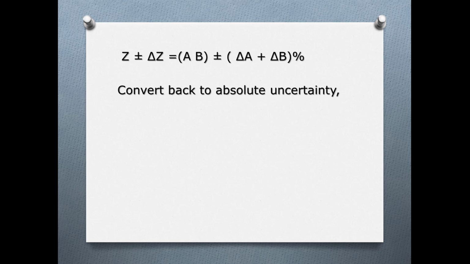If we are doing this, in the end we have to convert it back to absolute uncertainty. We will find out the absolute uncertainty in the final result. So the answer will become Z plus minus delta Z, which is equal to AB plus minus delta Z.